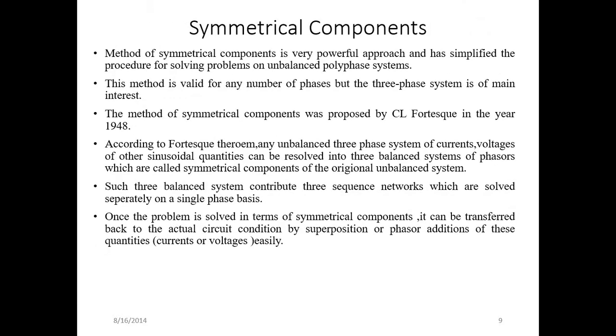And in the method of unsymmetrical fault analysis, since an unsymmetrical fault causes imbalance in the system, what we mostly do is convert the unbalanced system into a balanced system with the help of the symmetrical component. And whenever the analysis is completed, these balanced parameters are again converted into the original ones.